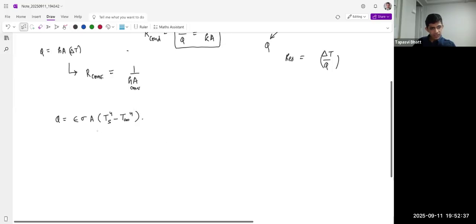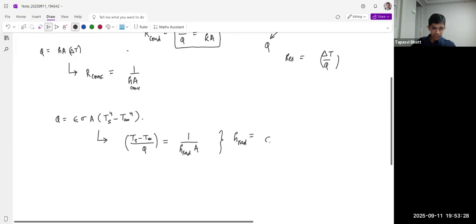Using this, it is again a big derivation, but if you bring it to a form where you calculate Ts minus T infinity over Q, the reciprocal of this, it will come out to be 1 over H radiation times A. And what is H radiation here?